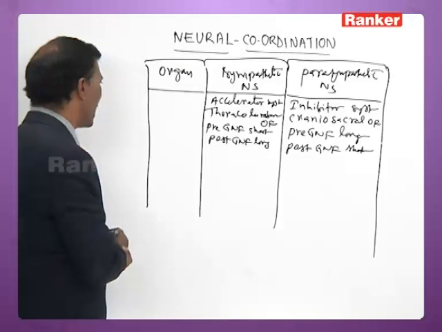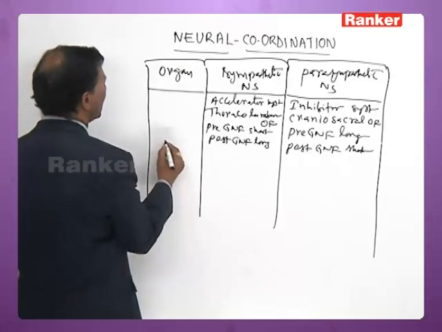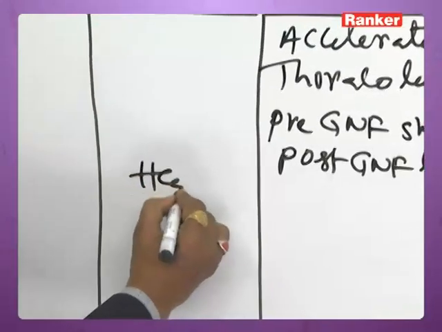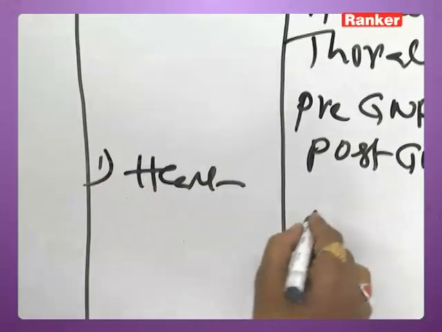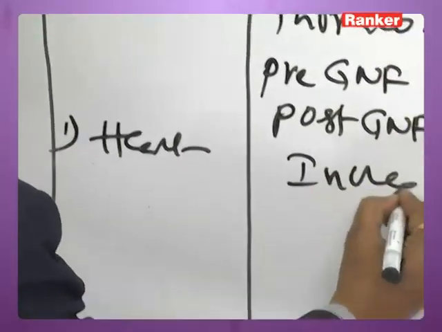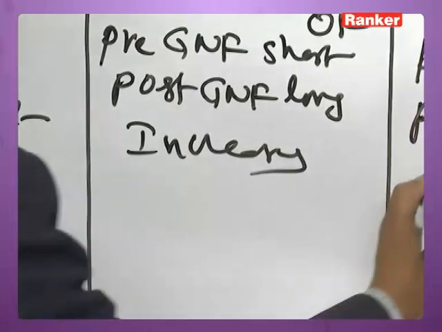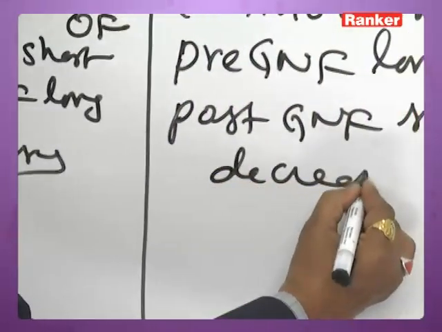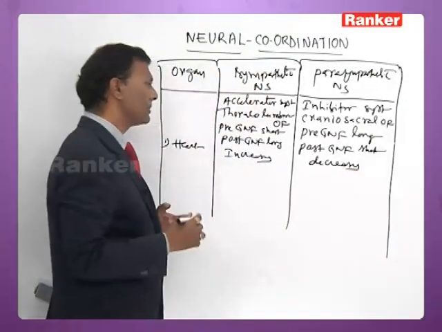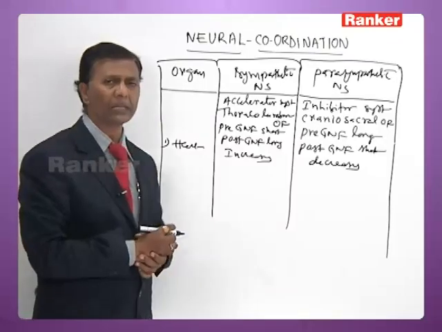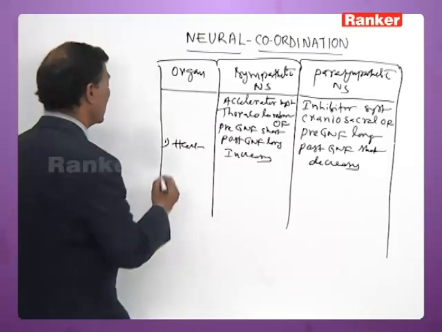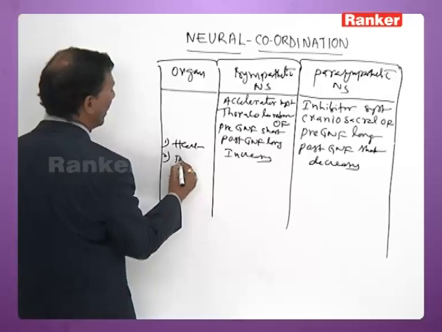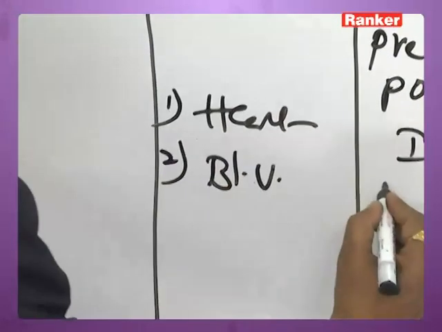Now if you take organs influenced, first the heart. The sympathetic system increases heartbeat and the parasympathetic system decreases heartbeat. Next you have blood vessels.